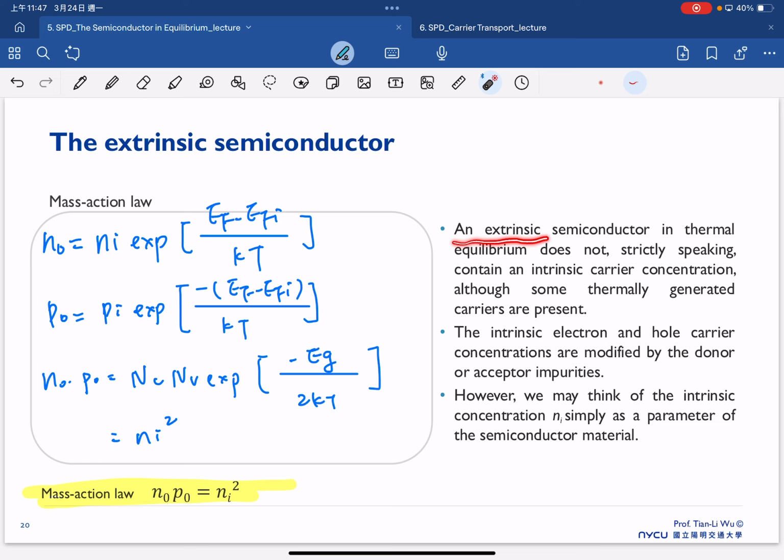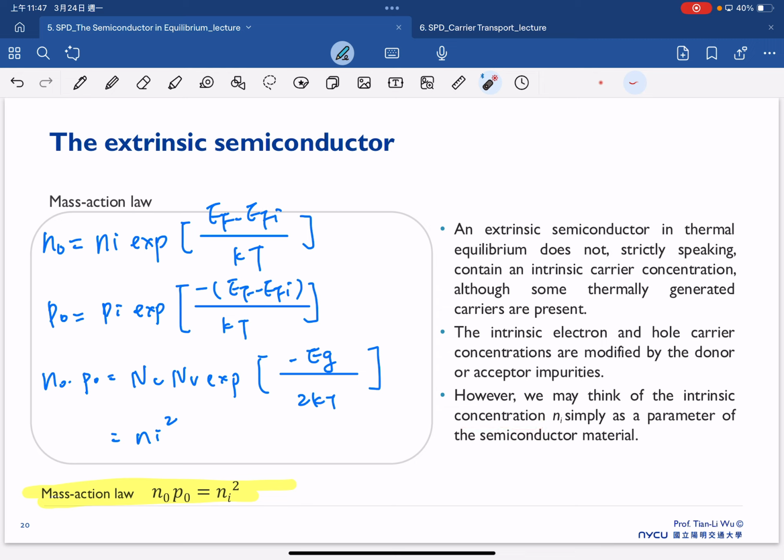An intrinsic semiconductor in thermal equilibrium does not contain an intrinsic semiconductor concentration, although some thermally generated carriers are present. The intrinsic electron hole carrier concentrations are modified by the donor or acceptor impurity. Therefore, we might think of the intrinsic concentration Ni simply as a parameter of a semiconductor material.